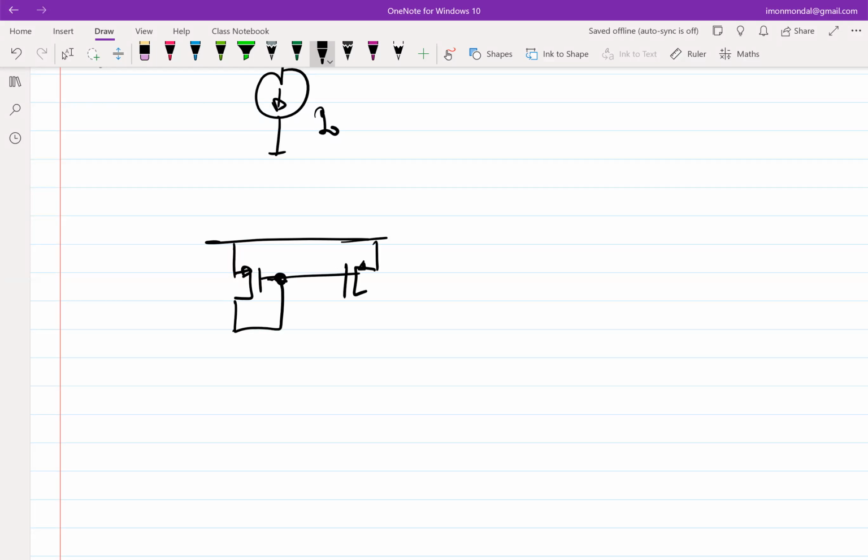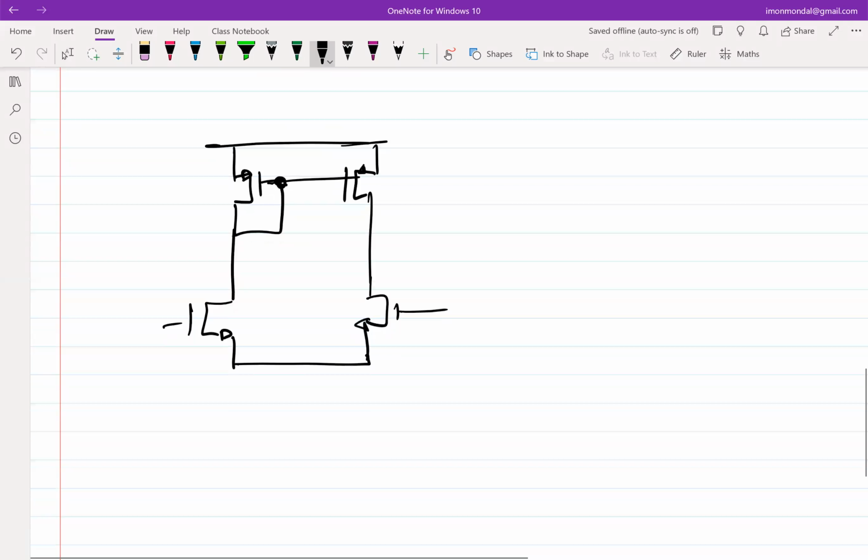We have done it for the resistively loaded differential amplifier, but not for this active load. Let's say this is incrementally R0, and everything is biased properly. We are trying to figure out what the common mode gain is.